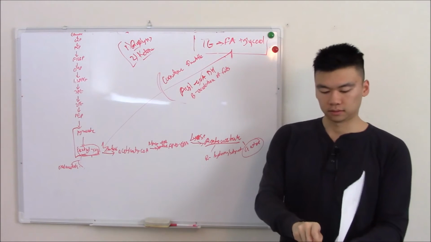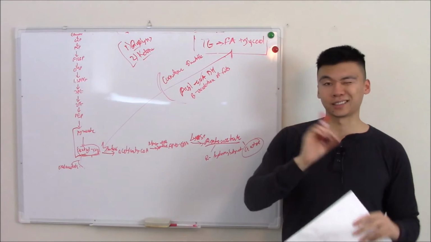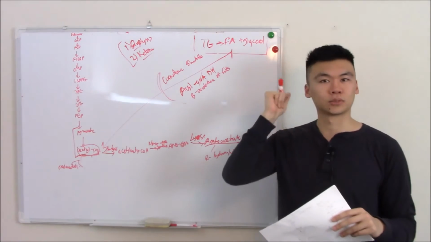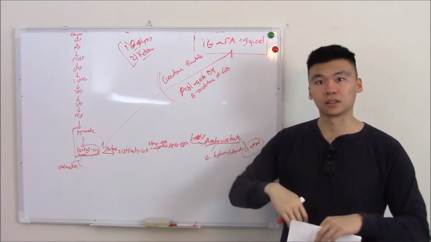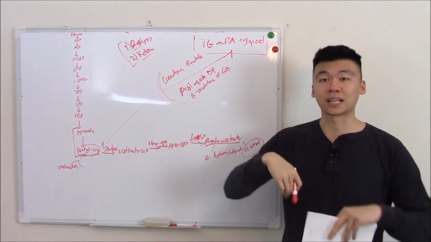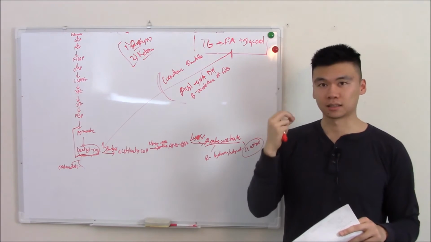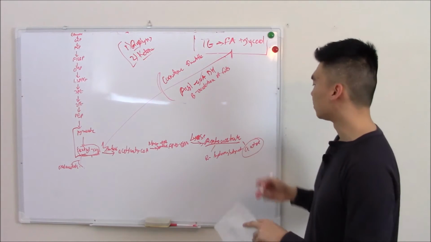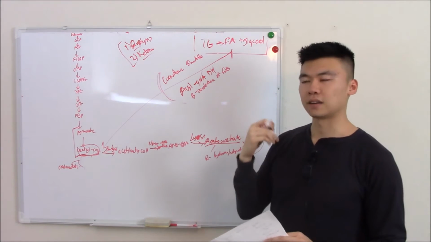Acetone is volatile. Hopefully that term kind of triggers something in the back of your mind. You learn about volatility in chemistry. Volatility means it can become a gas. And you can actually breathe out acetone. It gives a distinct, kind of fruity smell.